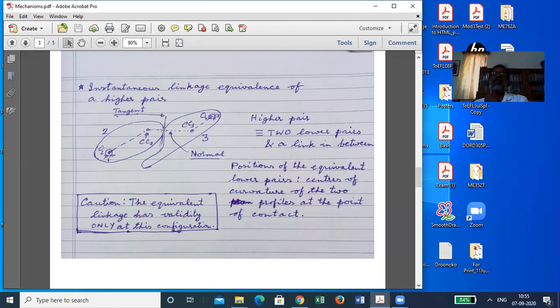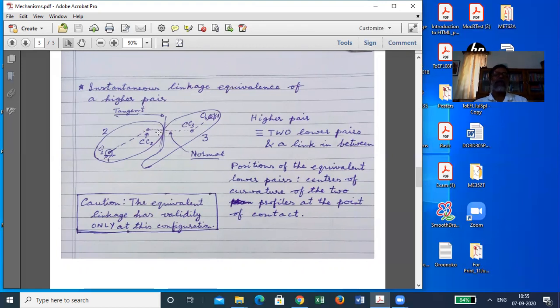It will become very difficult to express it as a lower pair mechanism forever. However, at a particular instant, for that particular configuration, so far as velocities, accelerations, motion transmission, force transmission, etc. are concerned, you can represent it as an equivalent lower pair mechanism, equivalent linkage mechanism.